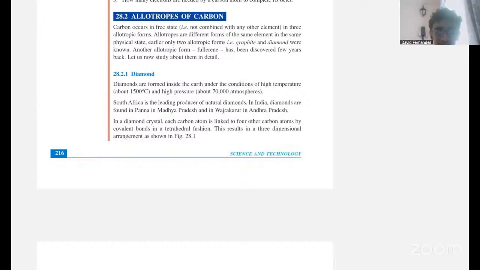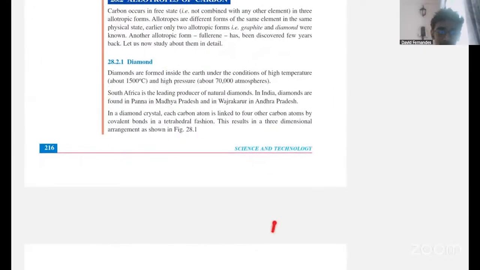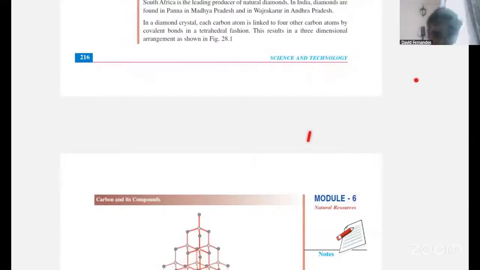In a diamond crystal, each carbon atom is linked to four other carbon atoms by covalent bonds in a tetrahedral fashion. This results in a three-dimensional arrangement as shown in Figure 28.1.